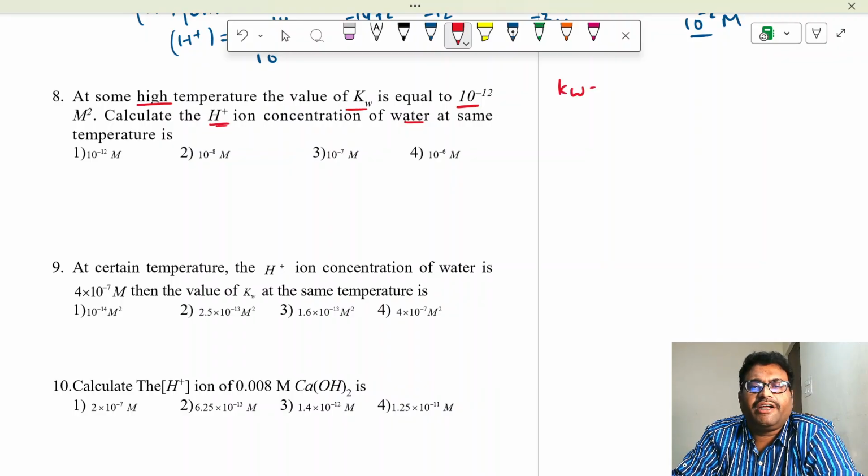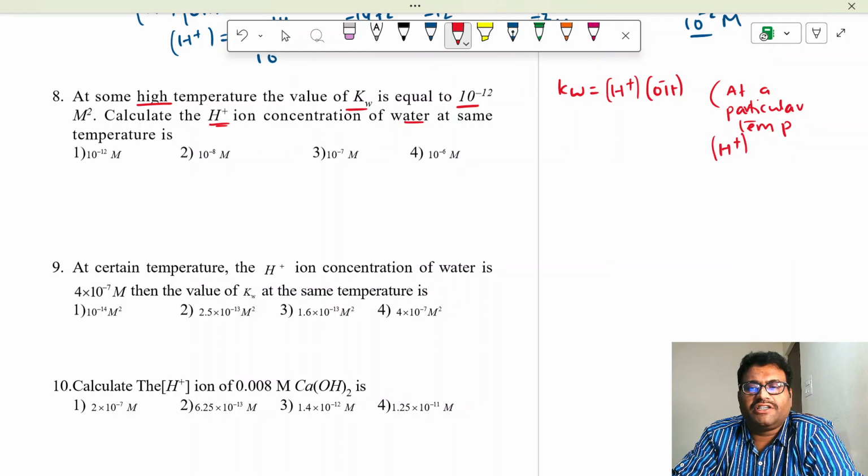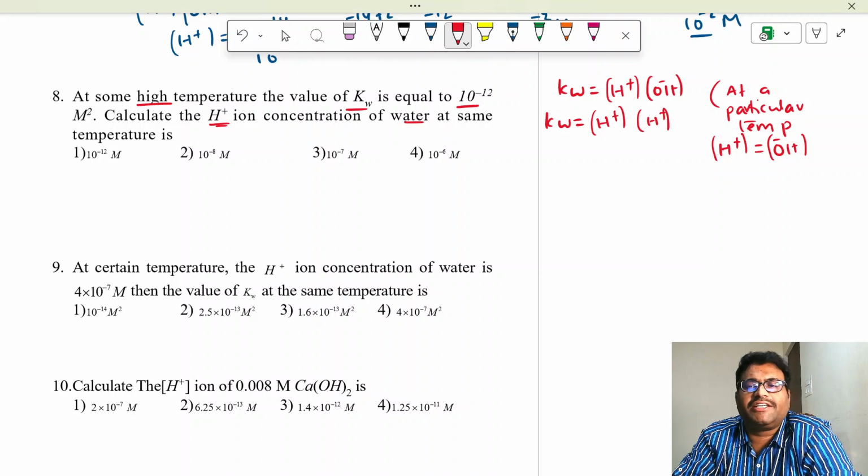So we know that Kw is equal to H plus ion concentration into OH minus ion concentration, and we know that at a particular temperature, H plus ion concentration is equal to OH minus ion concentration. Then I can write Kw is equal to H plus ion concentration into H plus ion concentration, taking OH minus also as H plus.